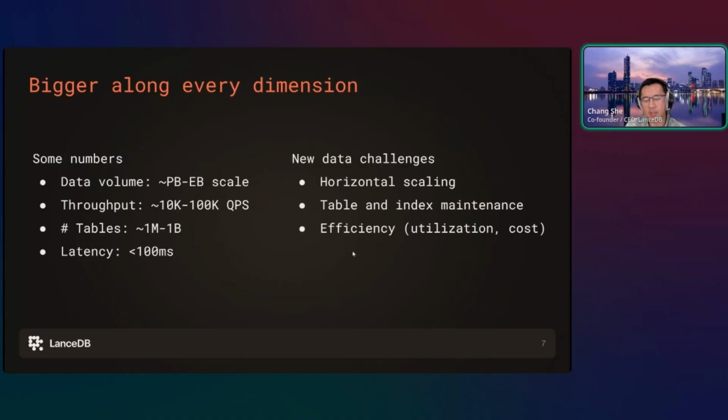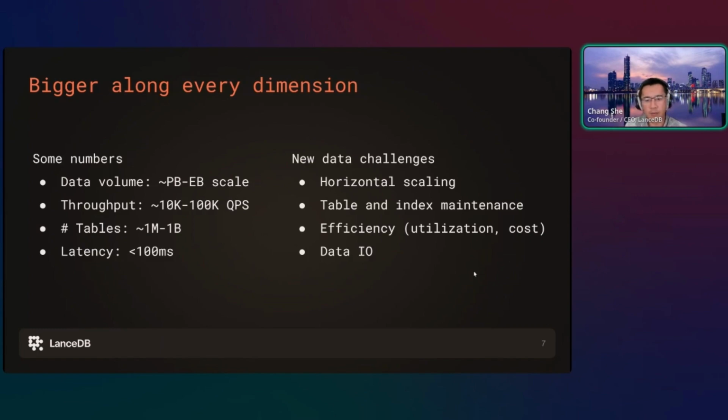And then, of course, the costs become, I should say the efficiency becomes a huge item. At this scale, even small changes in efficiency, small improvements, can mean a massive difference in utilization and in cost improvements, right?